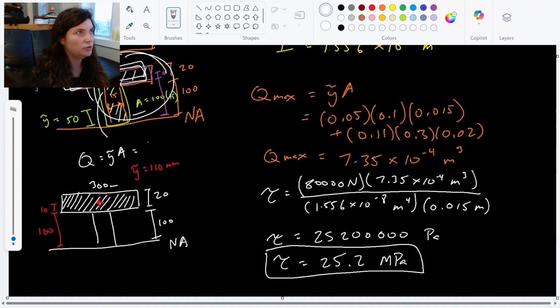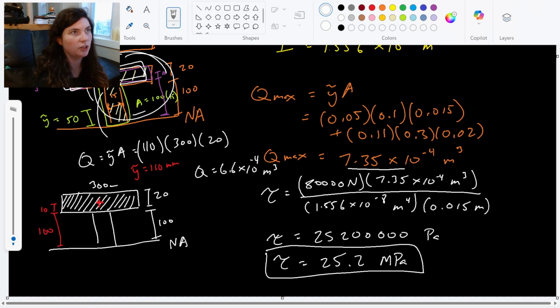In this case, Q is going to be 110 millimeters times 300 times 20, or convert to meters, right? So if I multiply that out, convert it to meters, I get a Q at the joint of 6.6 times 10 to the negative fourth meters cubed, right? So a little bit smaller than the Q max value that we found over here.